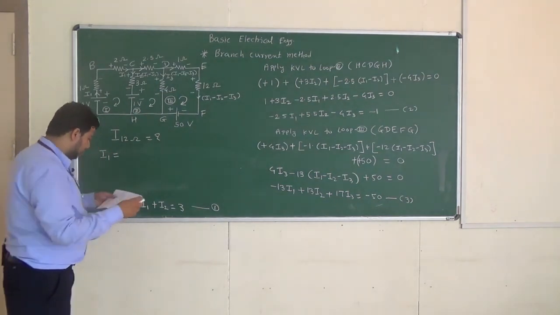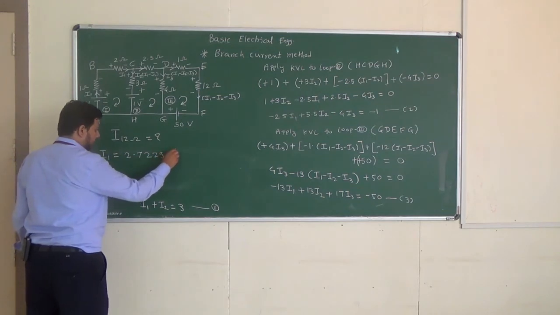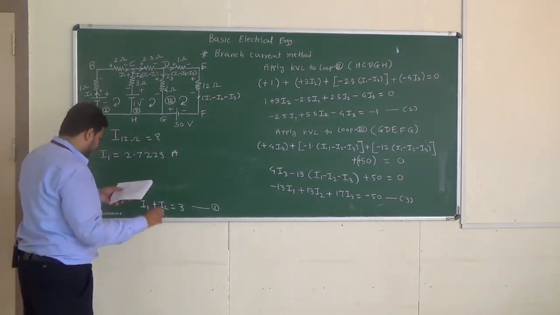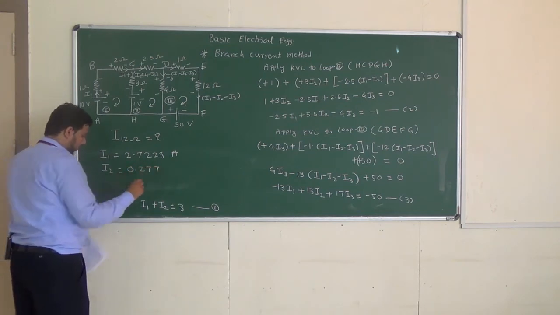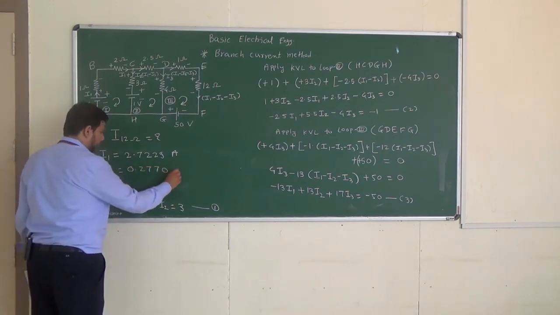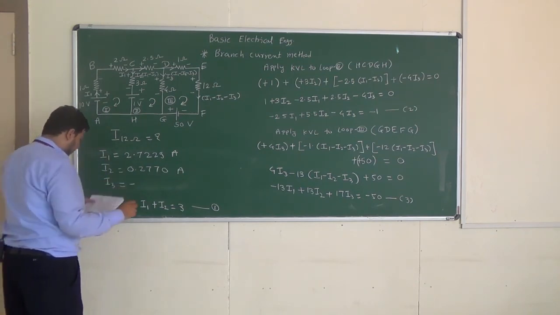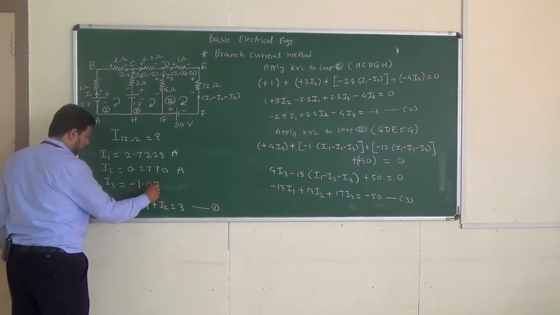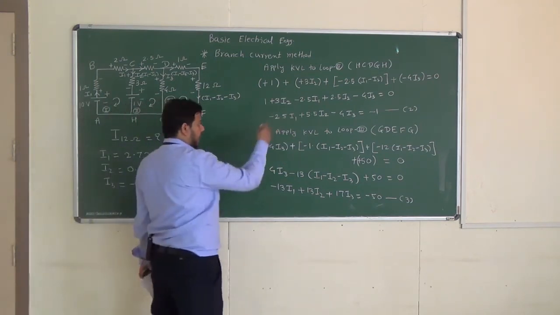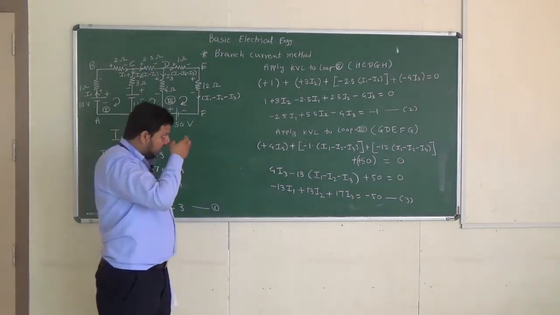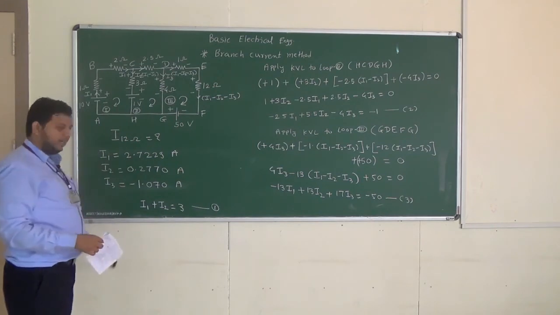I1 is equal to 2.7229 ampere, I2 is 0.2770 ampere, and I3 is minus 1.070 ampere. After solving these three equations, either by Cramer's rule or directly using the scientific calculator, we can determine these three unknowns, I1, I2 and I3.